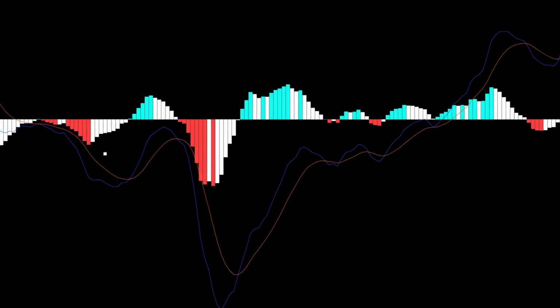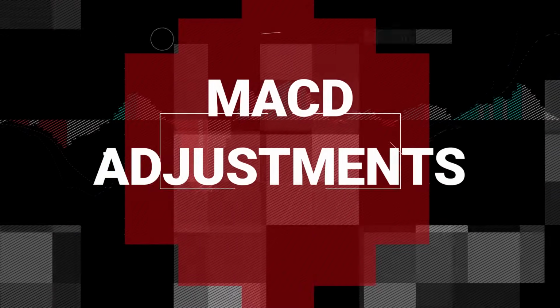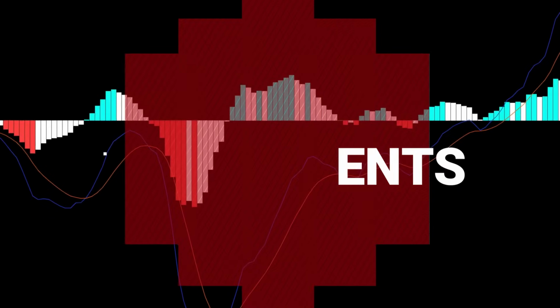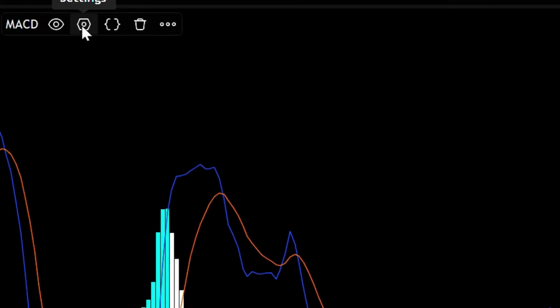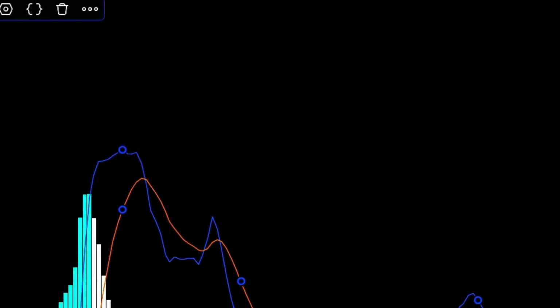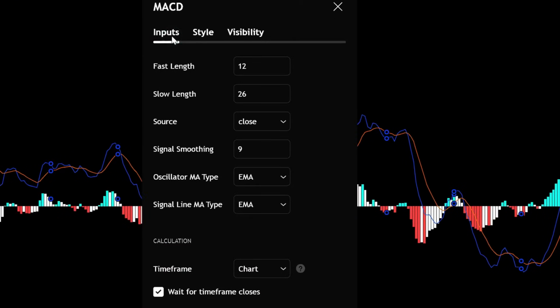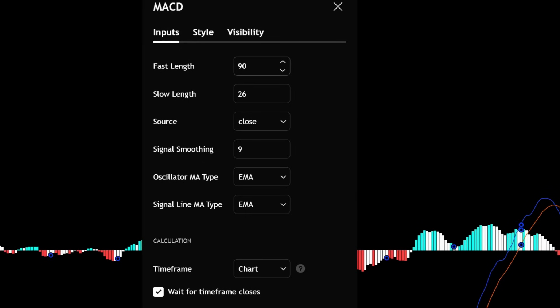But we're not just using it straight out of the box, we're customizing it to perfectly complement our setup. First, let's tweak those MACD settings. Go into the MACD settings window. We're gonna change the fast length to 90 and the slow length to 180. These adjusted values will give us a better view of the longer term trend, which is exactly what we need for the strategy.